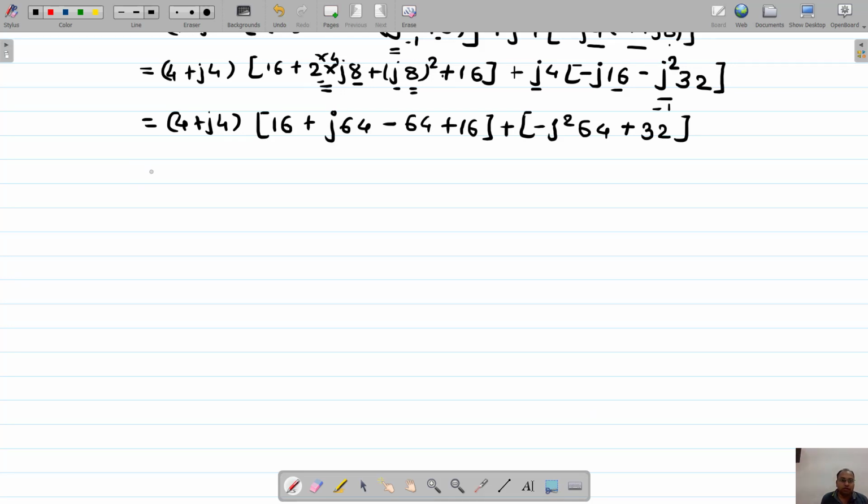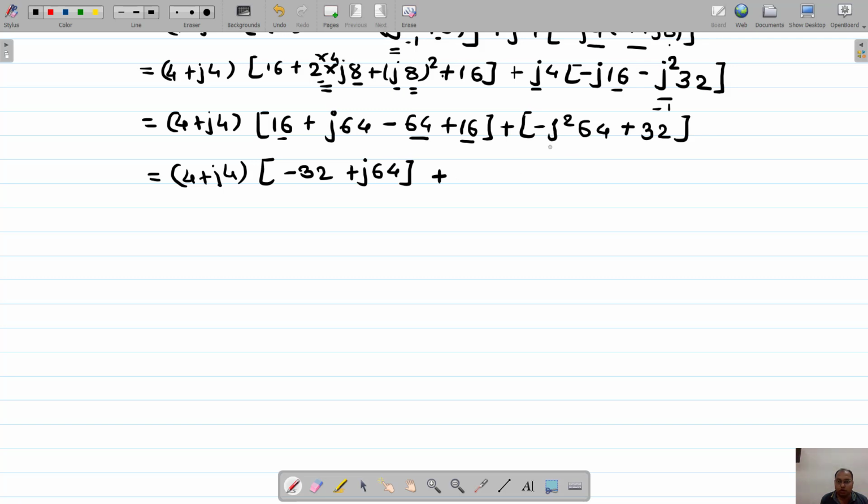Let us simplify again. 4 plus j4 into this bracket: 64, 16 and 16. So this is minus, and this is going to become plus 32. The result of this is minus 32 plus j64. Am I right? Yes.